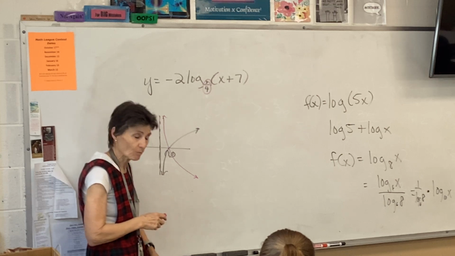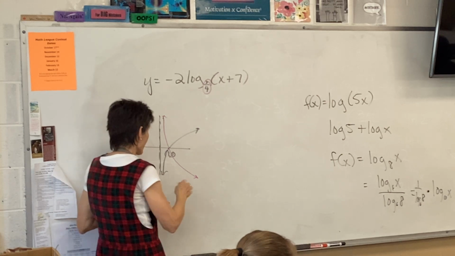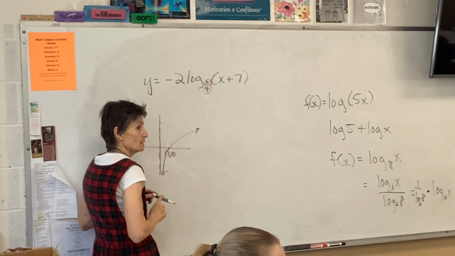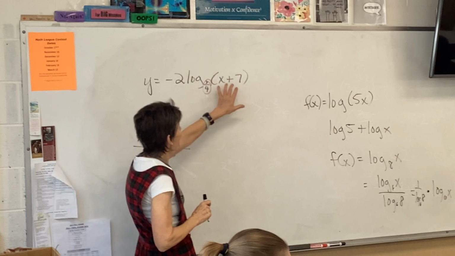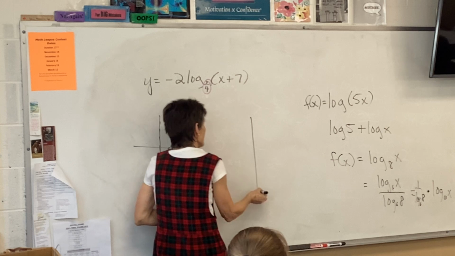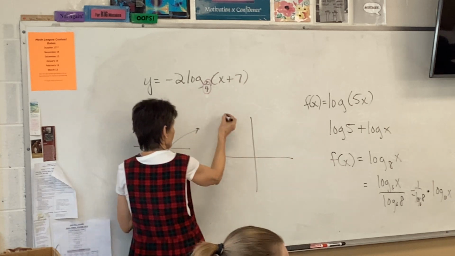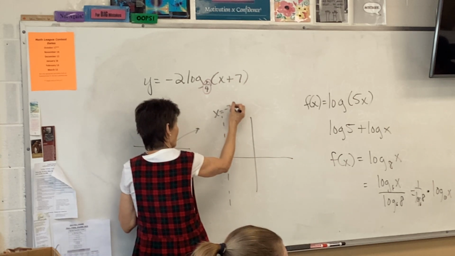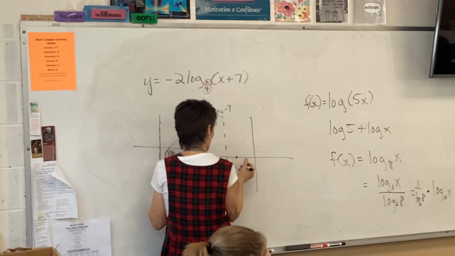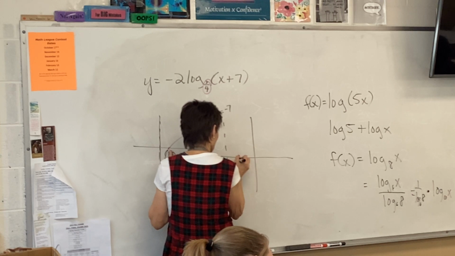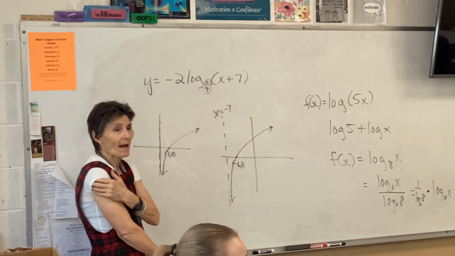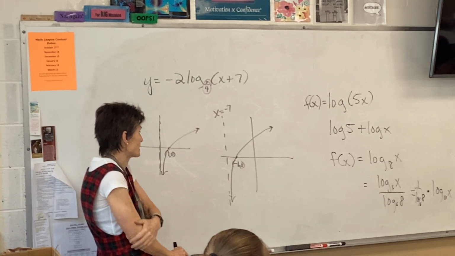Flips it back over, so now I'm back to my original in terms of shape. Okay? Now, what does that do? Shifts it left 7. So now the asymptote that was at 0 is now at -7. And the intercept, which was at 1, is now at -6. There's my picture. Back to the normal shape, shifted 7 units to the left.